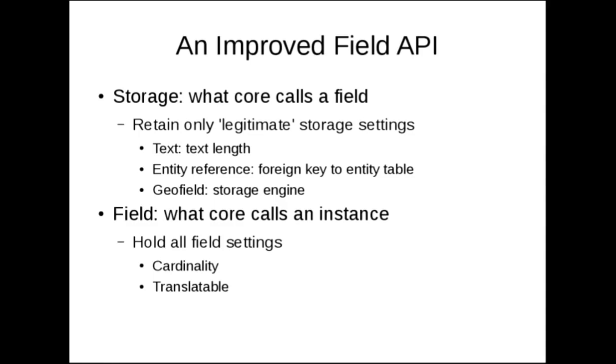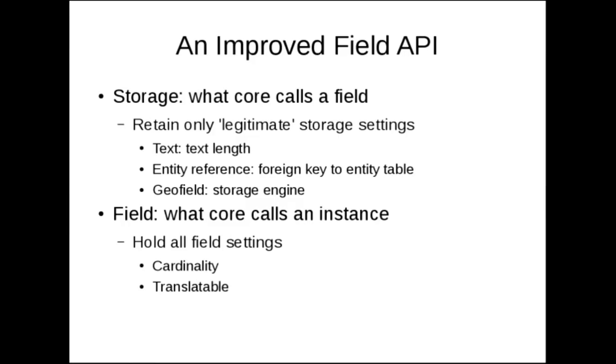And there are a couple here and there, like the text field. If you do a basic text field, you get to set the length, and probably everybody leaves it as 256 and then they go on, but technically that's a storage constraint, right? It's how long that field is, how much data it can take. Entity reference does a foreign key to the types of entities that it's going to reference.